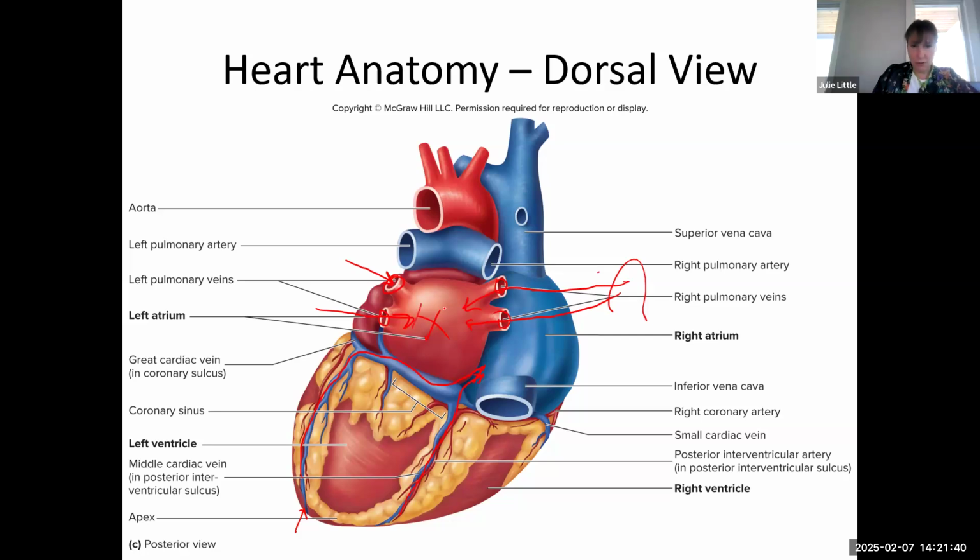So from the left atrium, we go down into the left ventricle, and when it's pumped, it comes out this aorta. Here are three vessels that are not labeled yet, but you have to know them for this chapter. And this is the backwards view. So in the front, you've got the first branch off the aorta. The first branch off the aorta, besides the coronary arteries, is going to be the brachiocephalic artery.